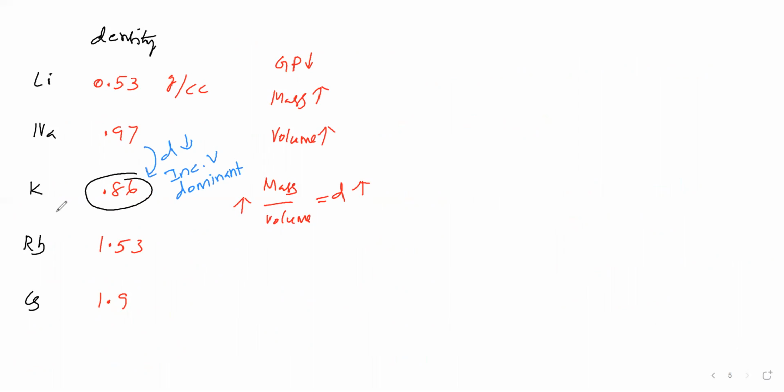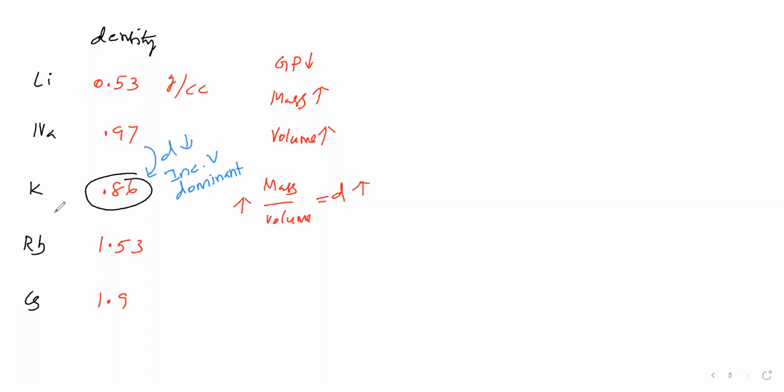So it is an exceptional case. Alkali metals down the group density increases, the exception is at potassium. Sodium to potassium density decreases because increase in volume is the dominant factor.